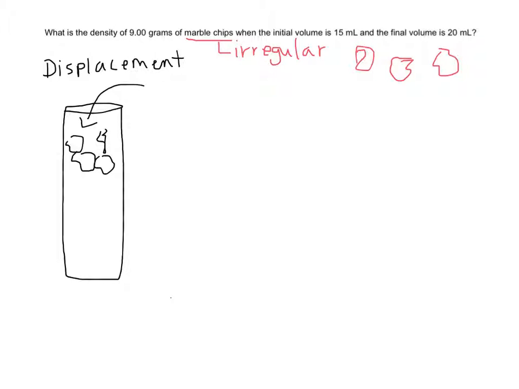And they're saying that the initial volume of the water was 15 mLs, and we're going to label it as V initial, VI. And my final volume is 20 mLs. So that's V final.